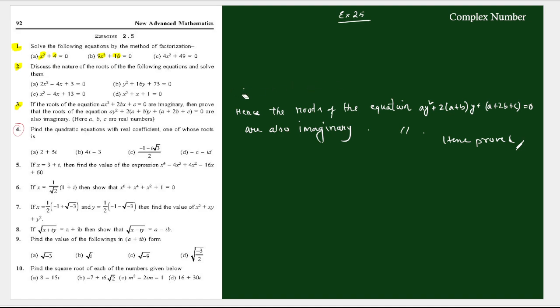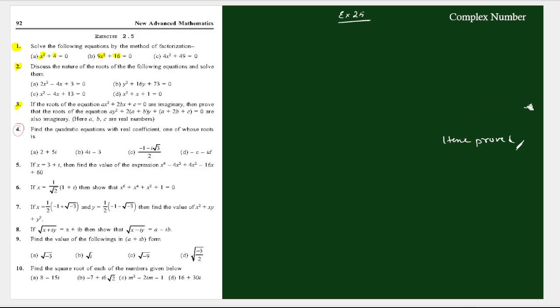So what we have to do, we have to find the quadratic equations with real coefficient, ठीक है, i होना नहीं चाहिए, with real coefficients a b c should be real numbers, one of whose root is, एक का दिया गया है, we have to find the other, तो other वाला क्या होगा, they are always conjugate, so if it is plus then it will be negative, yes or no?